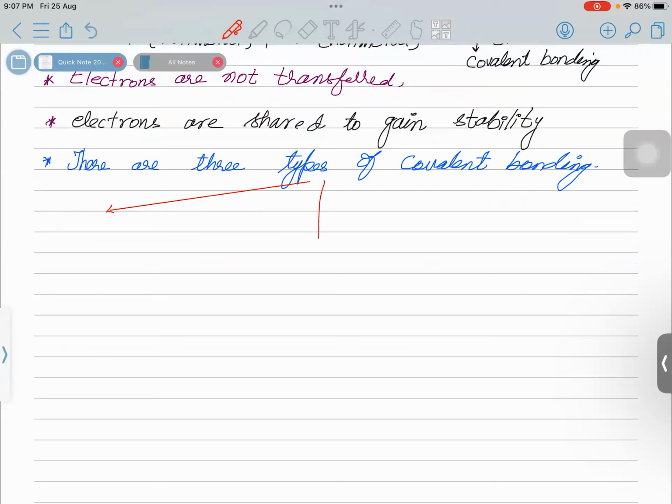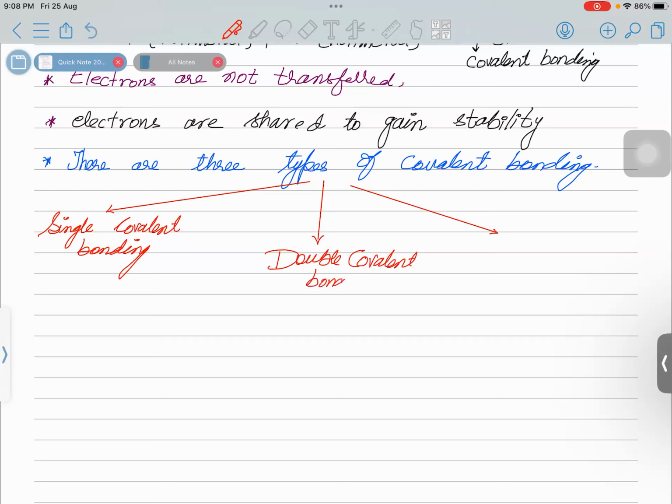Number 2, double covalent bonding. Number 3, triple covalent bonding.